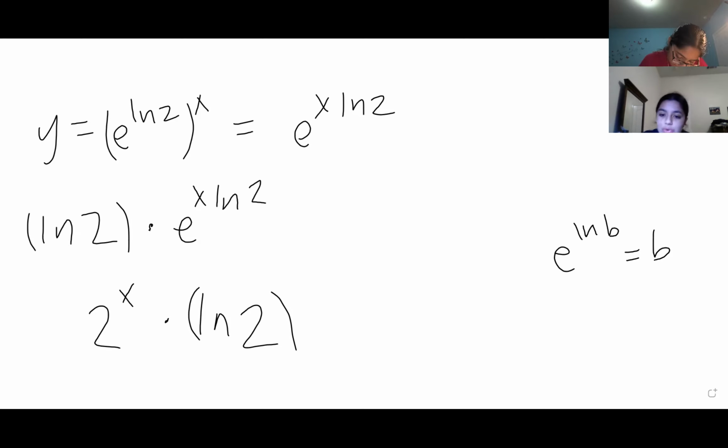And then basically using this rule here, you can figure out what b is. Okay, I didn't even look at b yet. So for b, it's asking about b to the x, right? Show that if y equals b to the power of x, where b is more than 0 and b is not equal to 1, then the derivative equals b to the power of x times ln b.